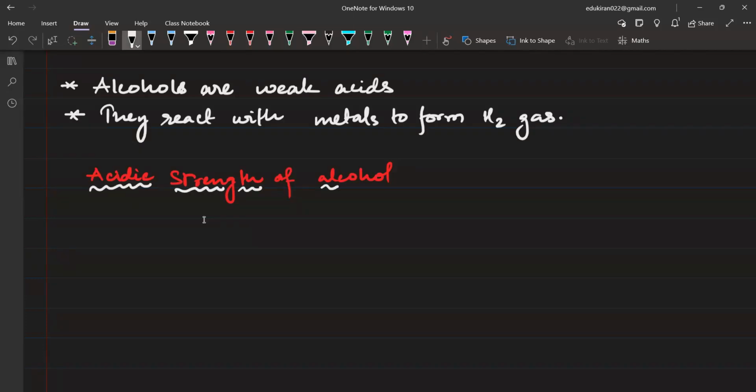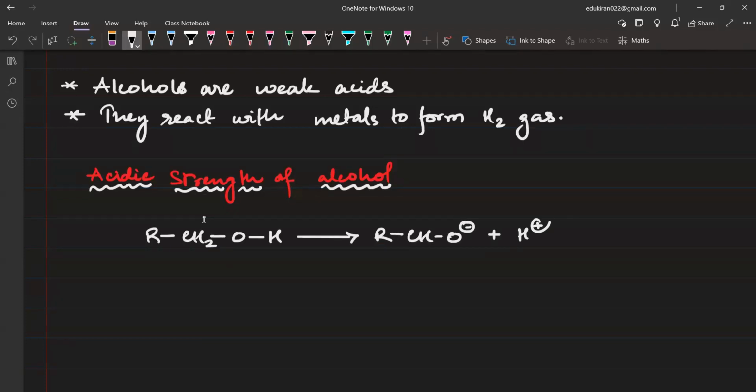Whenever we talk about the strength of an acid, we have to see the conjugate base, because no matter what the acid is, it is going to give you H positive ions. If it is going to break, it is going to break into RCH2O negative plus H positive.